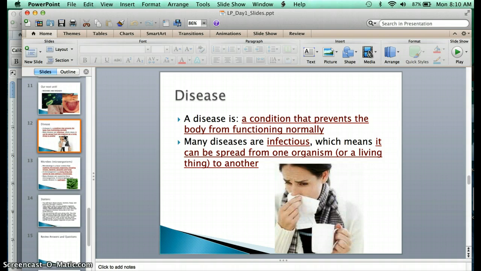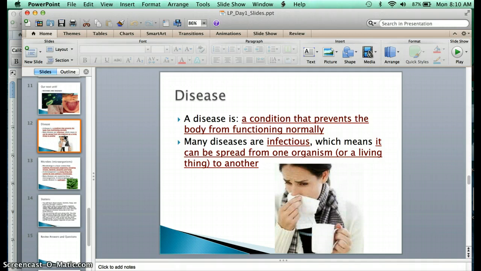So a lot of diseases are infectious, which means that they can be spread from one organism or living thing to another. Like in the winter, there's the common cold that gets spread from one person to the next. Not all diseases are like this. Obviously, cancer is not spreadable. It's not infectious from one person to the next. If you touch someone who has cancer, you're not going to get cancer the next day.